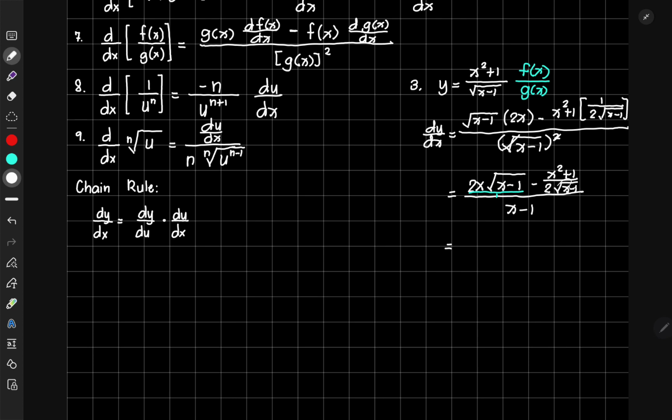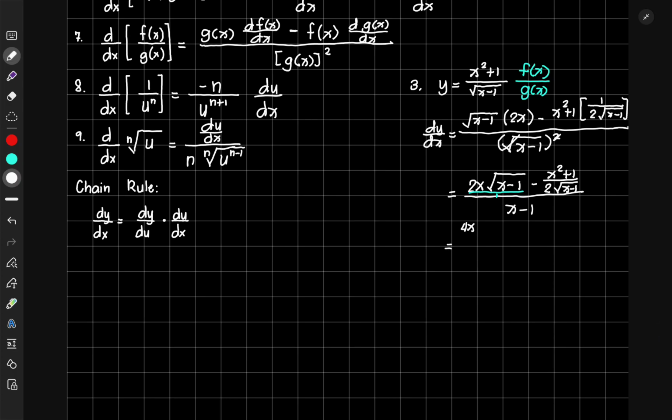So, this one multiplied by this numerator. So, this 2x square root of x minus 1. So, that is 2 times 2, that is 4x. So, this multiplies with this one, that is square root of x minus 1 raised to 2.